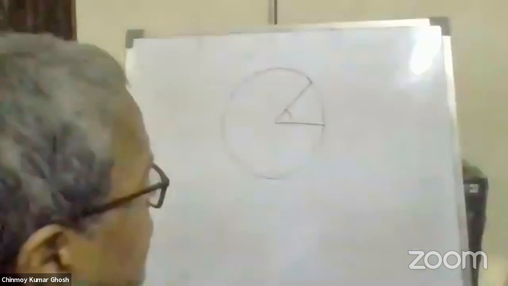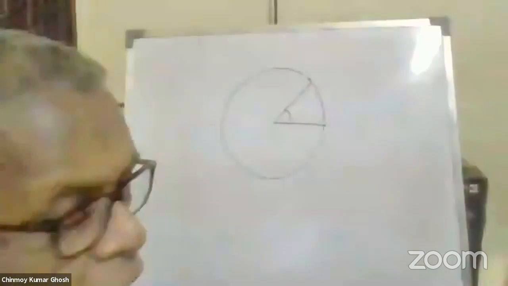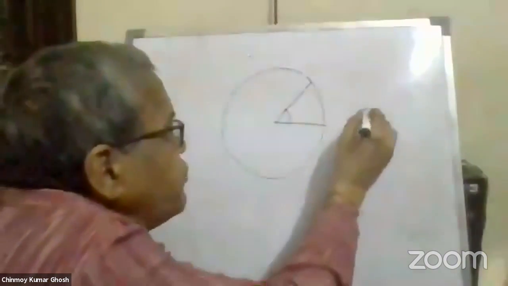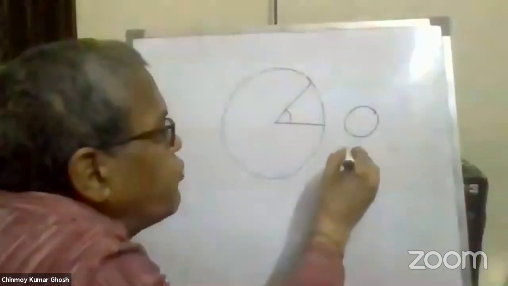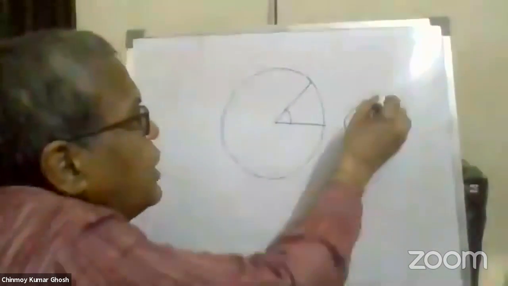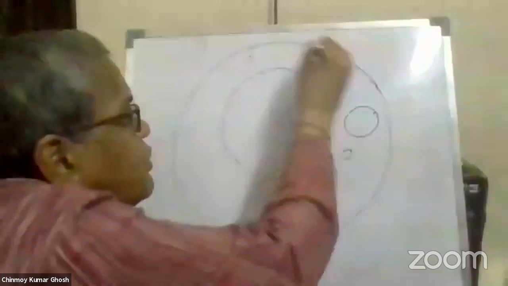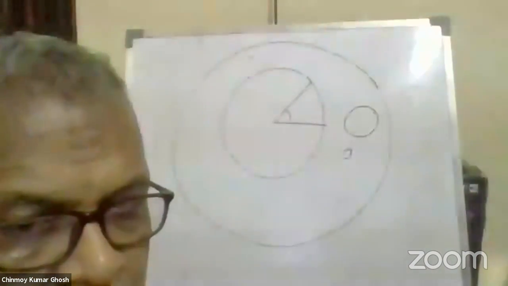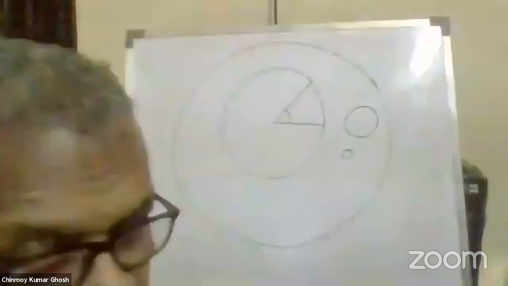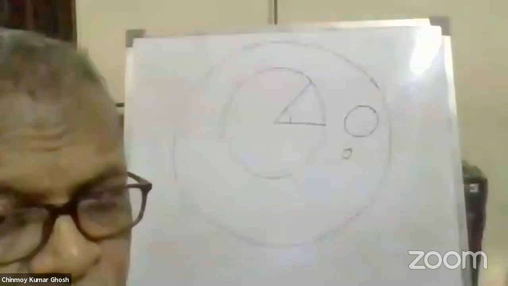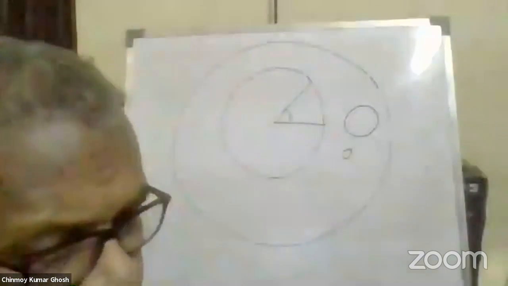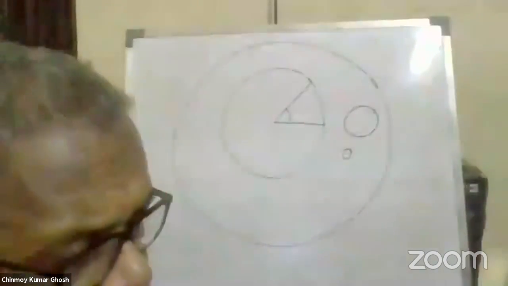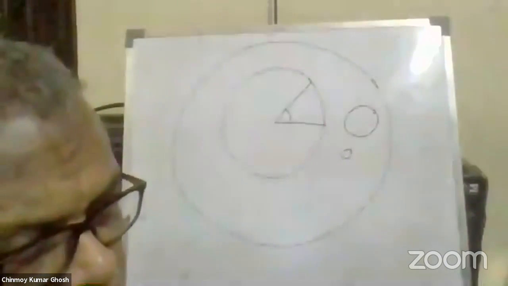It is true for a large circle, and for a small circle. Whatever the size of the circle, the angle remains the same: the angle subtended at the center by an arc of length equal to the radius.